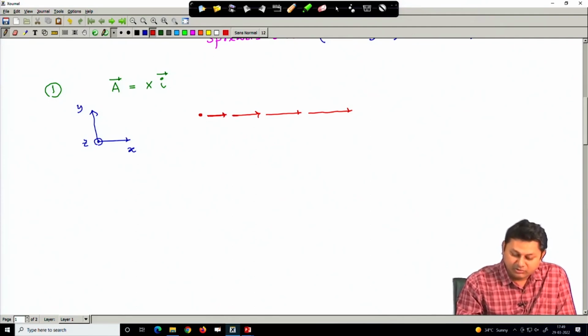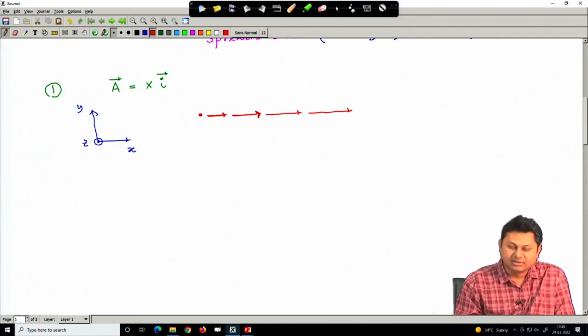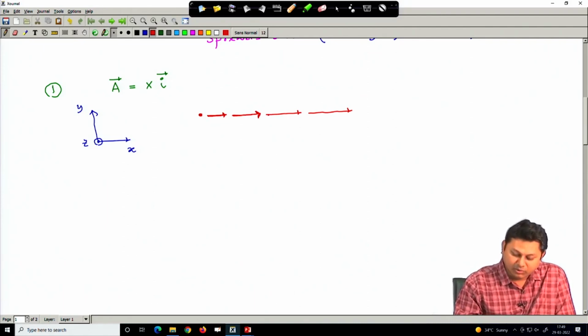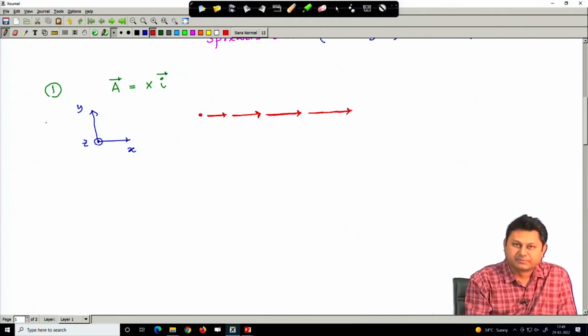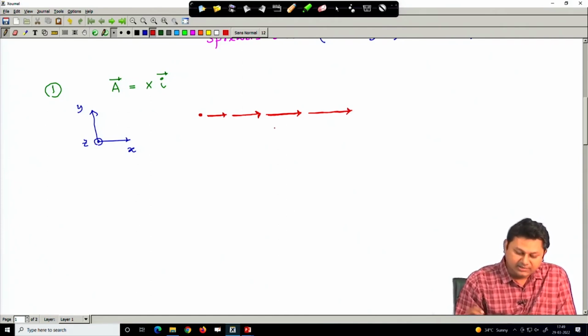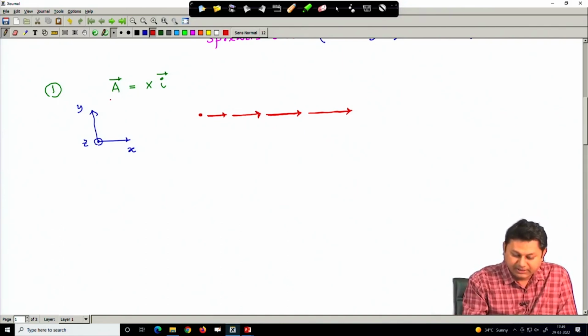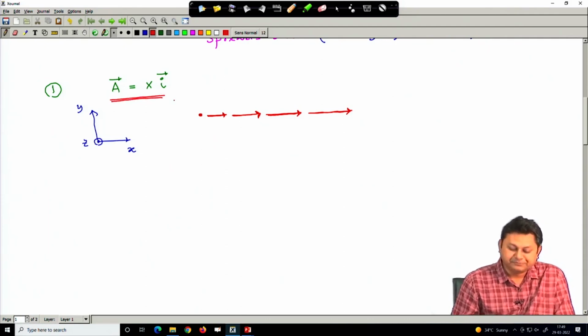When the value of x is 2, I have a vector with magnitude twice the previous one, and so on. It will evolve like this along the x direction. If I put minus x, it goes in this direction. This is the way it is changing, and if you plot it, you get this result.